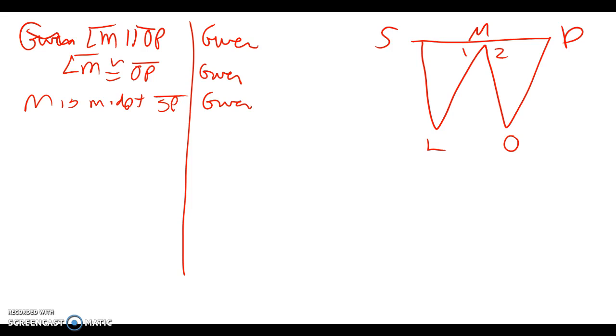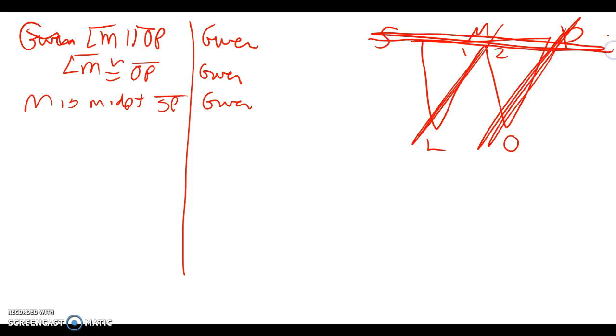So let's see. If LM, right here, is perpendicular to OP, right? Then this becomes a parallel, transversal.